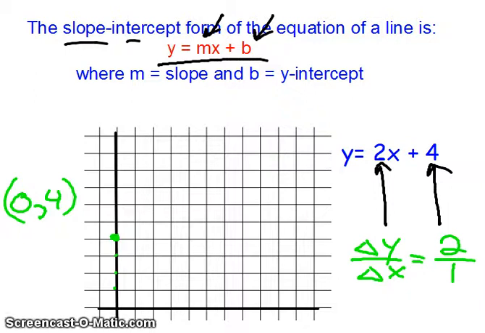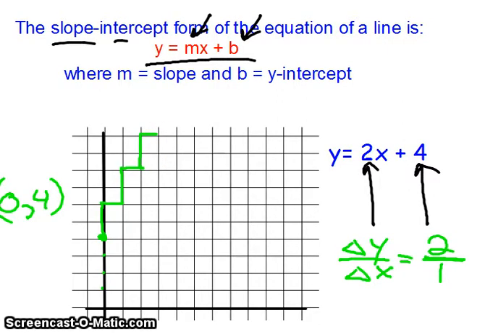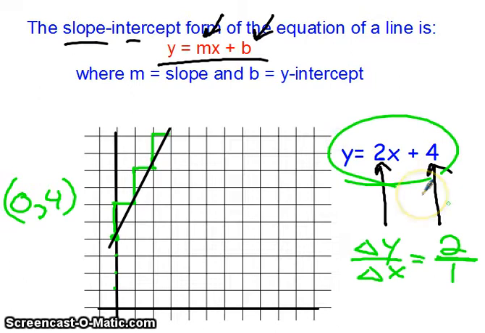And this means that our change in y is going to be 2 over our change in x is going to be 1. So from this point, 0, 4, we can go up 2 over 1, up 2 over 1, up 2 over 1. And then we can draw a line right from here to here and have a graph of the function y equals 2x plus 4.